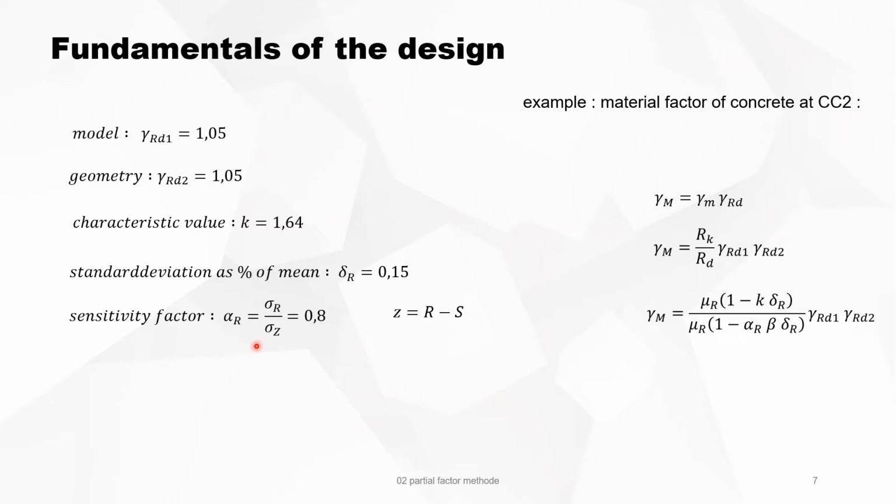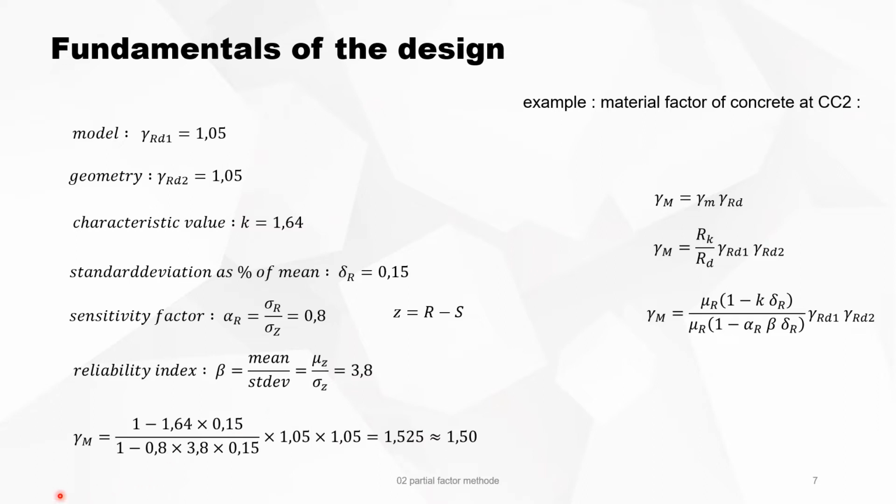So the sensitivity factor is 0.8, and the reliability index, the mean divided by the standard deviation of the variable Z, is 3.8. We've seen that in lesson 1. Now, if you fill this into the general formula, you arrive at 1.52, so we round it off to 1.5. So that's where the material factor of concrete comes from.